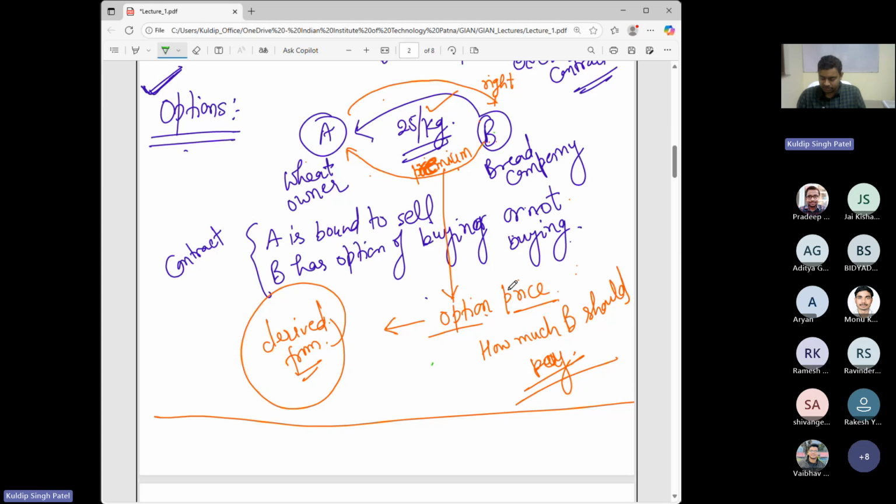So we have understood derivatives and why they are important. At least we have understood the cruciality of the problem: it's crucial to price an option fairly, otherwise there will be a problem. Right till here? Okay.